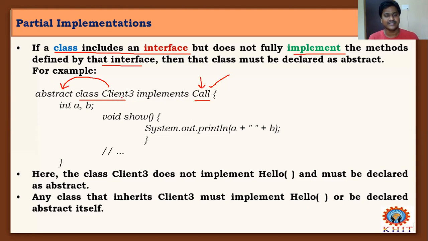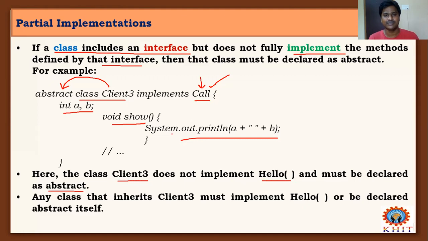Then this class is allowed to implement its own methods, not the methods defined in the interface. Here it has two local instance variables and a void show method displaying the values. So based on this behavior, if you observe, there is no implementation of the method defined in the interface call. So the class client3 does not implement hello and must be declared as abstract.